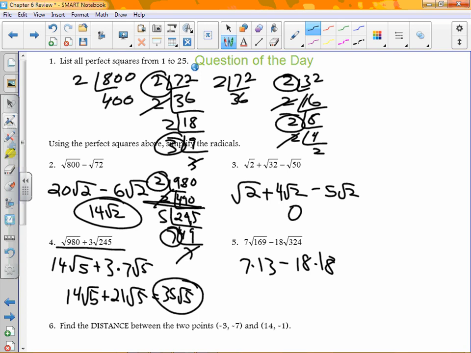So 7 times, let's take your calculator, figure out what 7 times 13 is. 91 minus 324. Negative 233. Simplifying radicals.